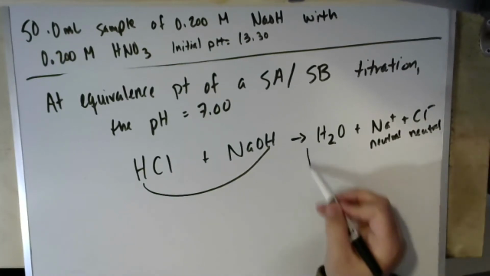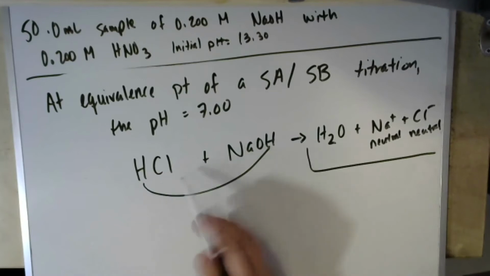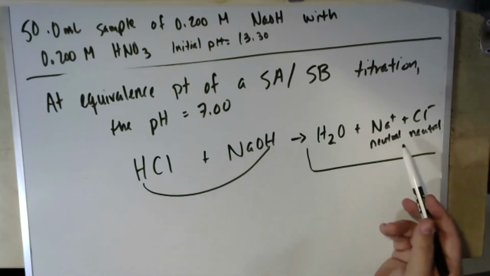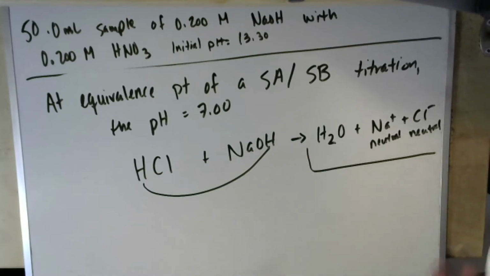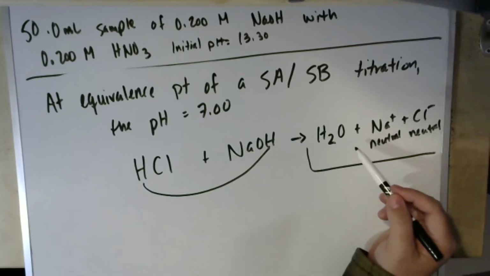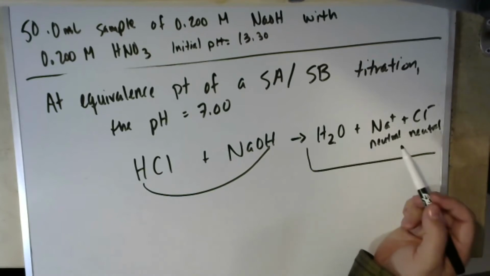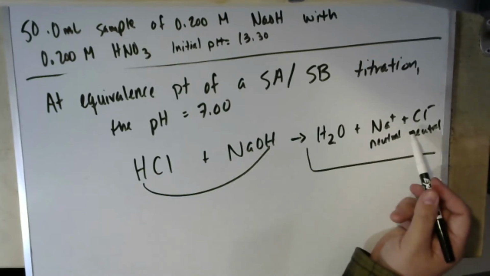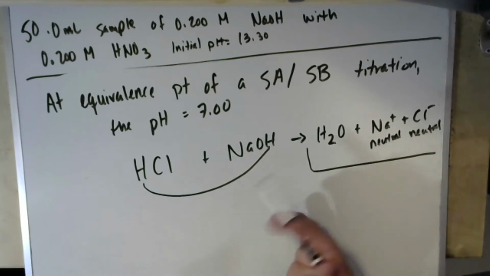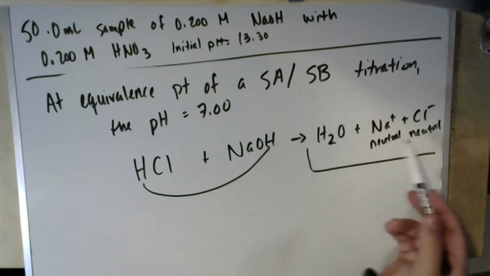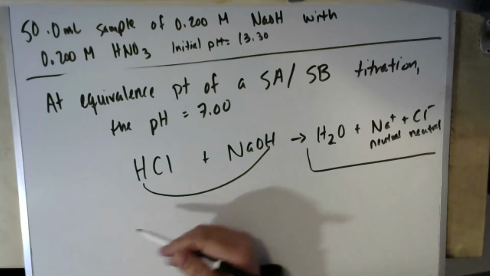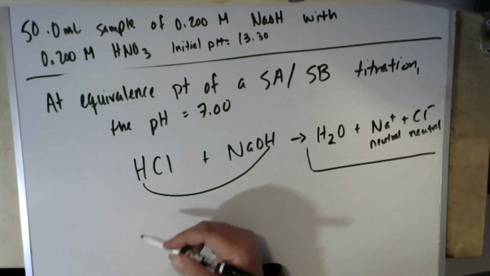So there's nothing in the product side of this reaction that has any pH value associated with it. Well, that's not true. It's a pH of 7 because it's neutral, but it doesn't have a particular acidic or basic component. So at the equivalence point of a strong acid, strong base titration, there's no pH contributor there. You're just going to have a pH of 7. It's going to be neutral.